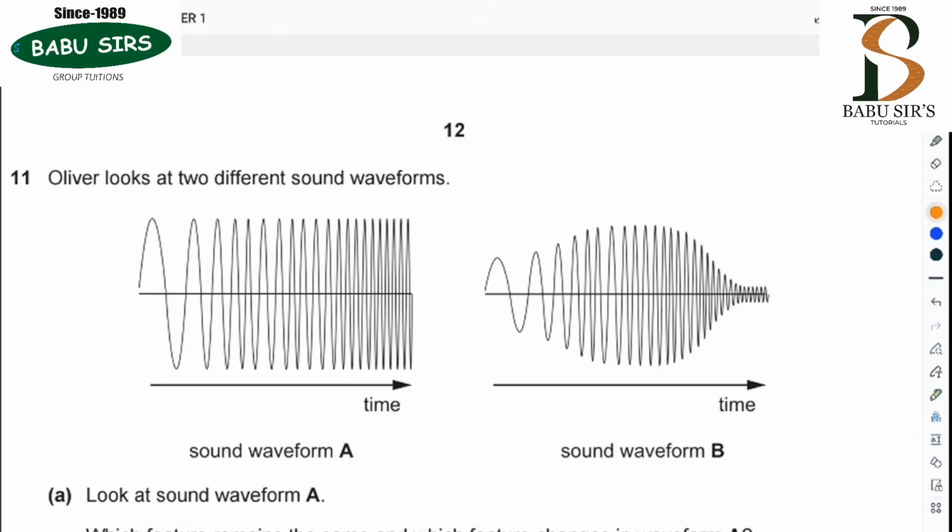Question 11. Oliver looks at two different sound waveforms. So first we'll see the rules. Now this is a wave. If you see the height of this wave, this is called the amplitude.